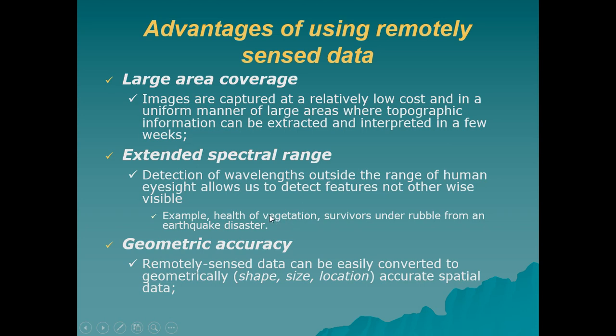Sick vegetation will give off a different energy signature from healthy vegetation. It can capture survivors under rubble from an earthquake. For example, living human beings will produce energy that can be captured. If you have dead bodies under the rubble, they would be detected as well as living persons, and the rescuers would be able to prioritize their search and rescue.